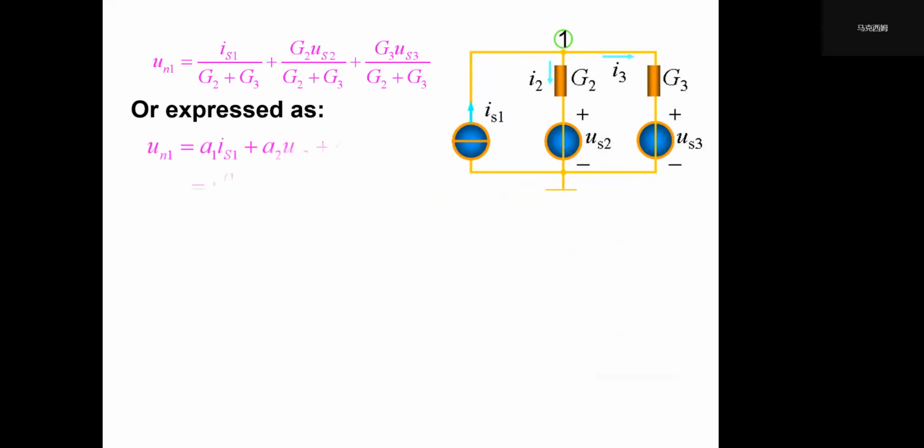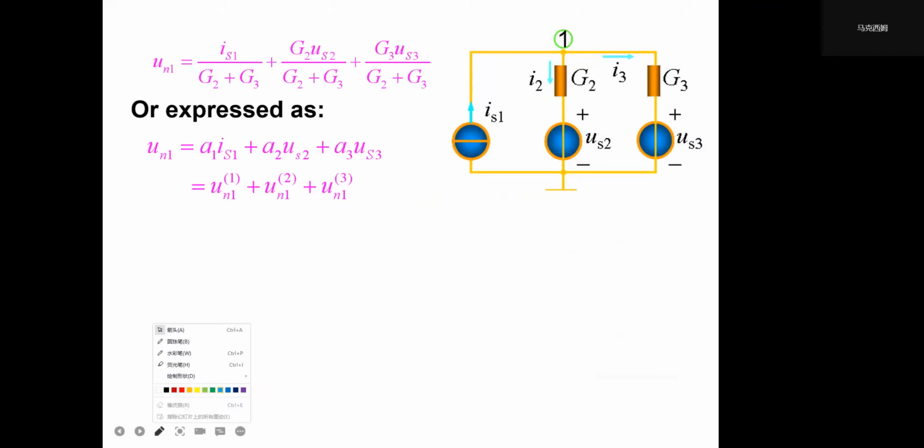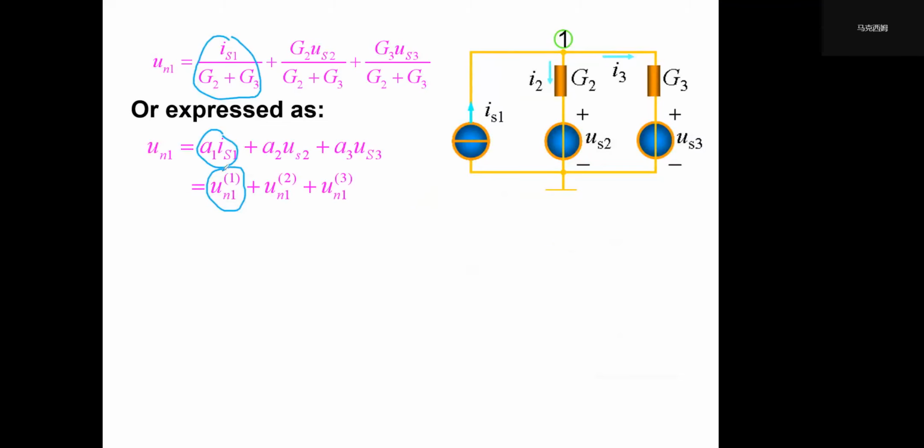So we can see that the first part is like this, corresponding to this, and we can rename it as UN1 1.